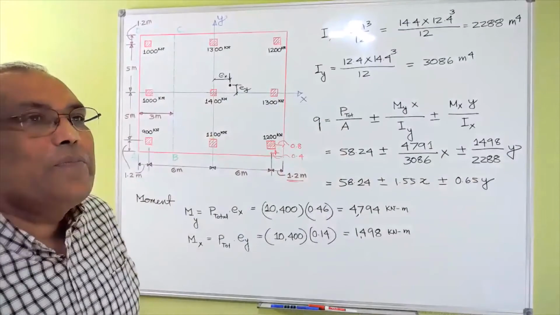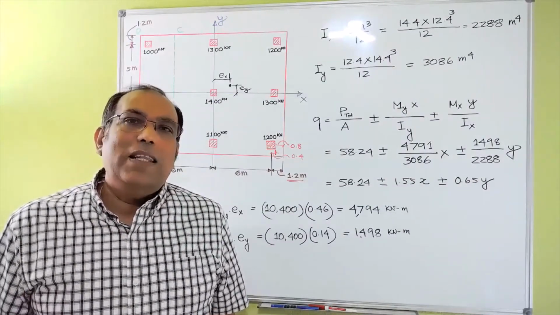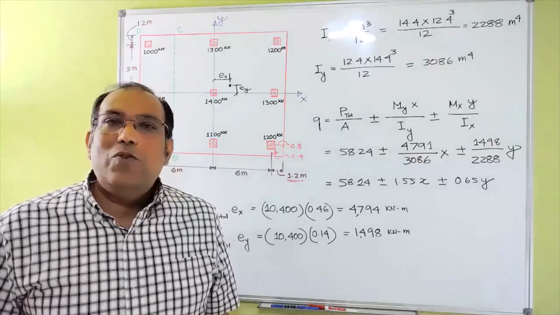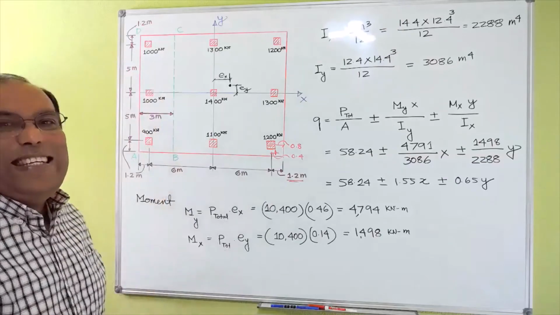Once you get that equation, we can just plug in the values of x and y to find the soil pressure at points A, B, C, D.